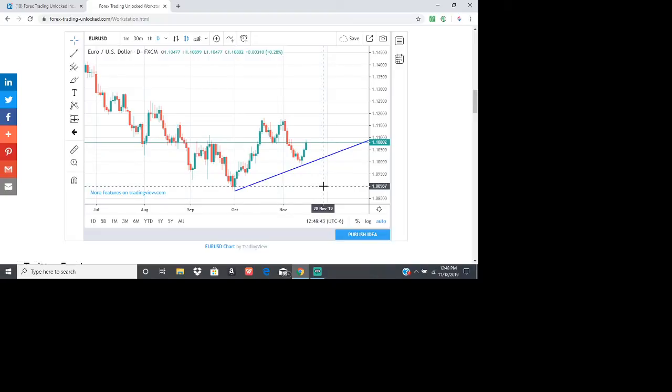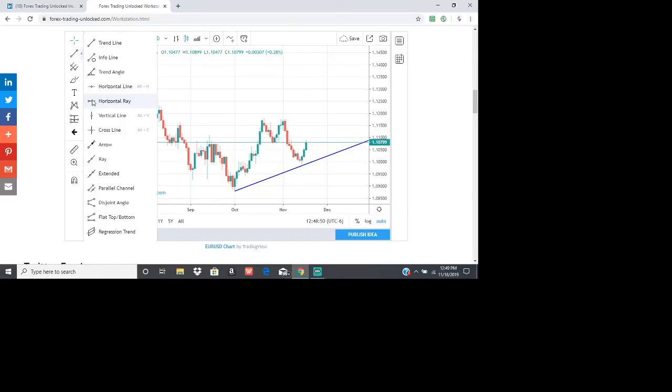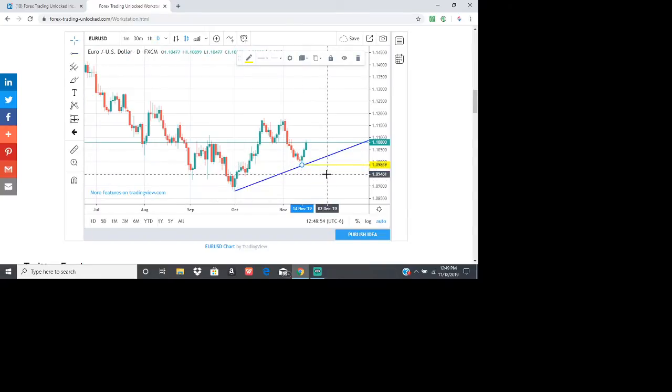Right now, I am looking at these 2 points for pivots. Let me get the horizontal ray. We're going to use the low from 2 sessions back, that would be Thursday's trade, and then we will also use this low that was our first swing low from this swing high.